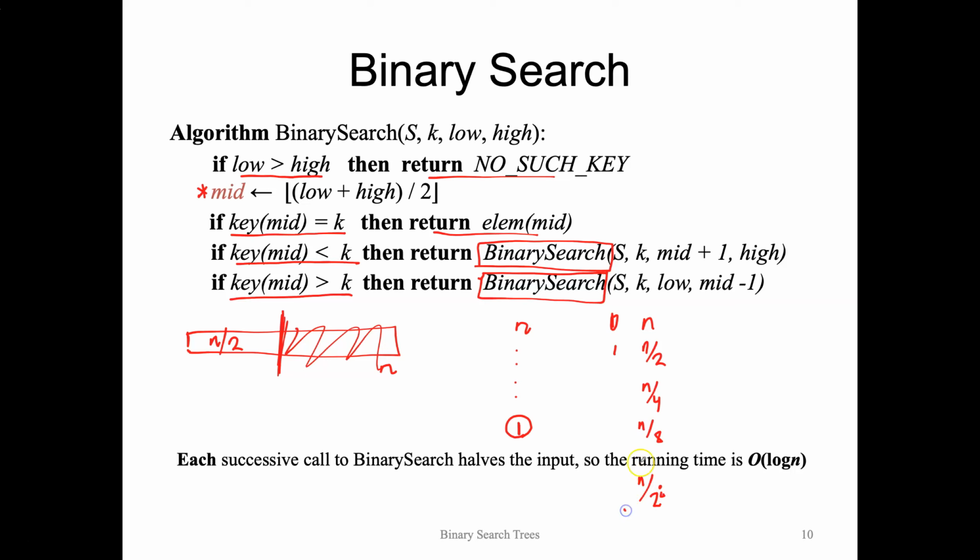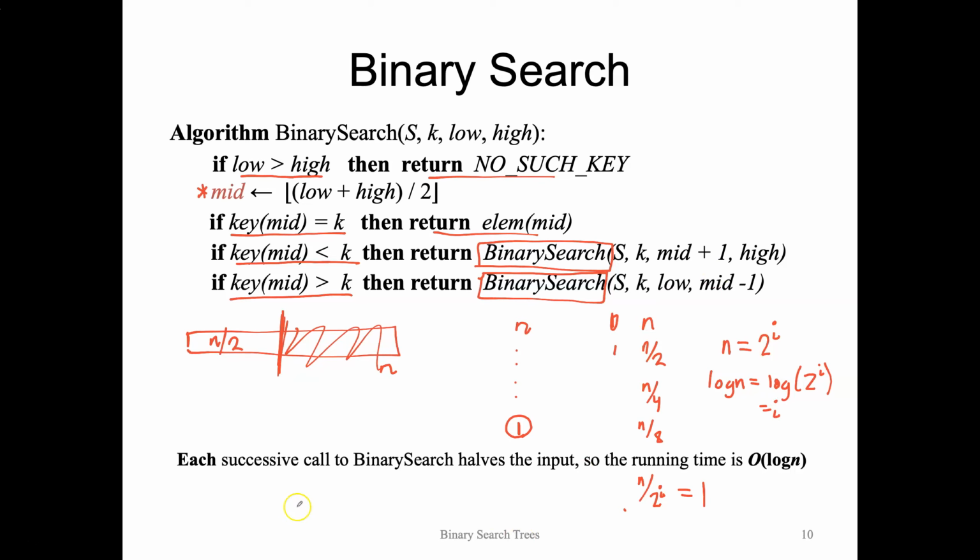So at what point is this equal to 1? This is the same as saying, when is n equal to 2 to the ith power? You've seen this before when we were looking at the runtime of some algorithms. If we take the logarithm of both sides, we're left with log n is equal to log base 2 of 2 to the ith power, which is just equal to i. So the number of iterations we have is log n, big O of log n.